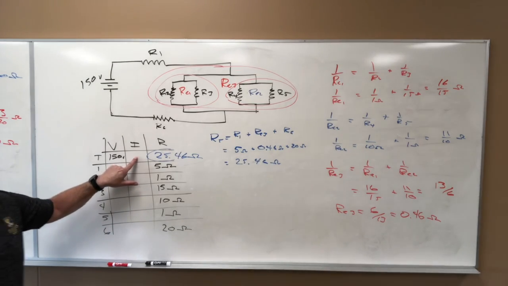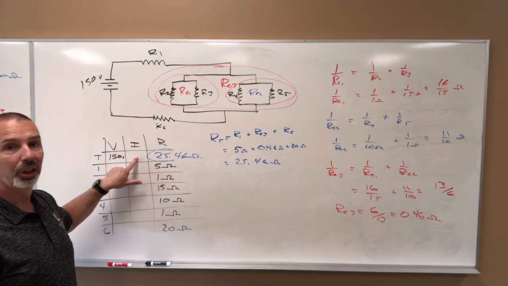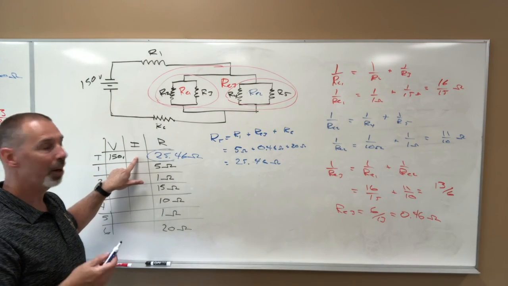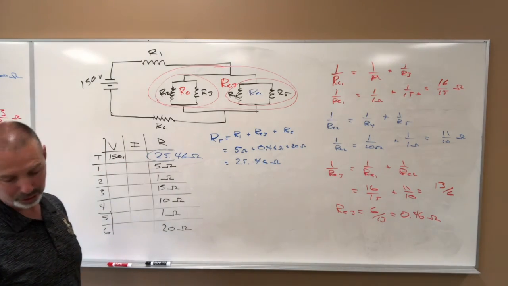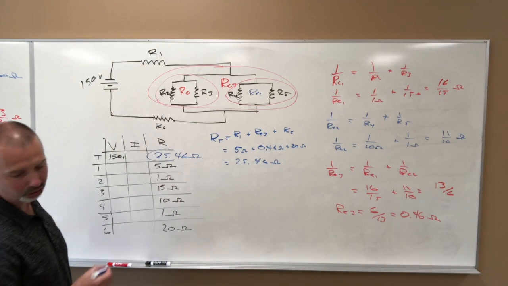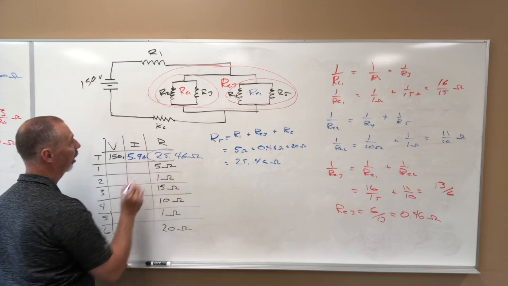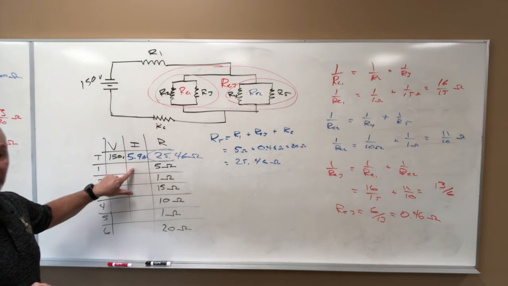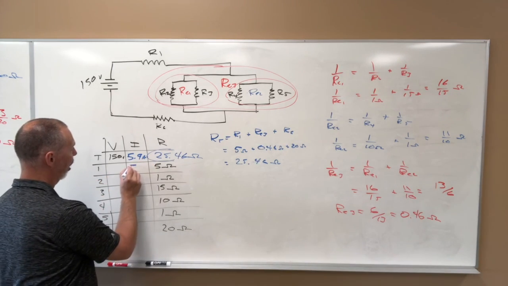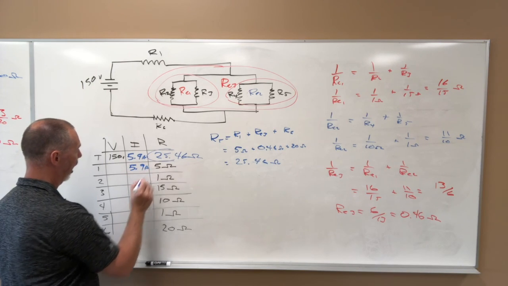Now with that, we're ready to start finding some things. We can find I total. I is V divided by R, so 150 divided by 25.46 gives us 5.9 amps. R1 is in series with that, so it's 5.9 amps.